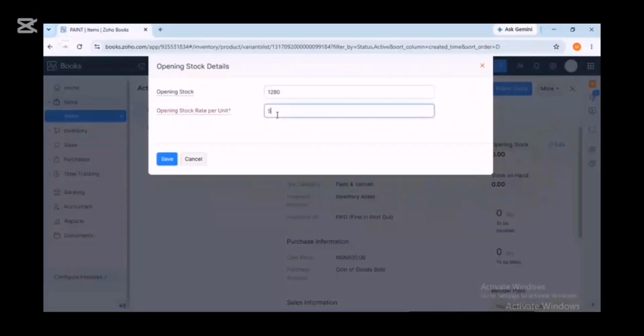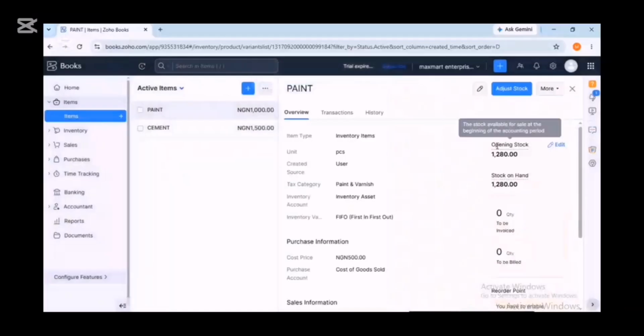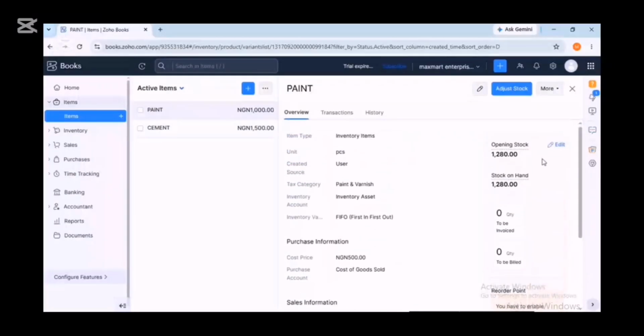So the units, price, so that's that. So we've established the opening balances of our inventory, the paint and the cement.